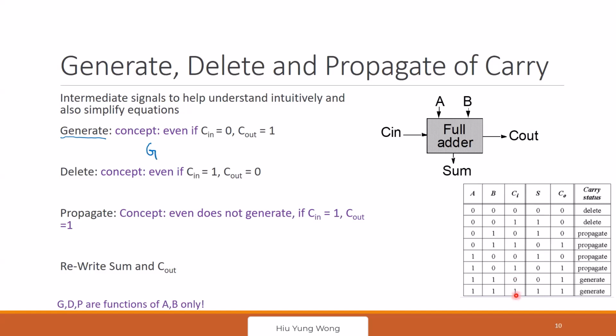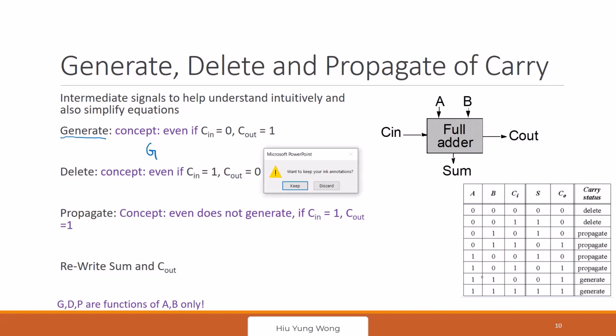So we can look at this. You do see this type of situation, right? For example, C in is 0 for the first row, C out is 0. No, this does not generate. C in is 0, C out is 0. No, doesn't generate. C in is 0, C out is 0. No, doesn't generate. C in is 0. Hey, C out is 1.